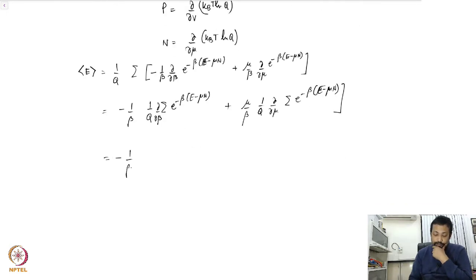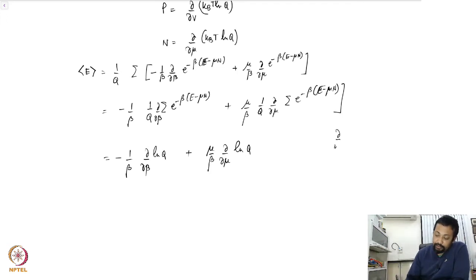This is very straightforward. This becomes del del beta of ln q plus mu over beta del del mu of ln q, right?